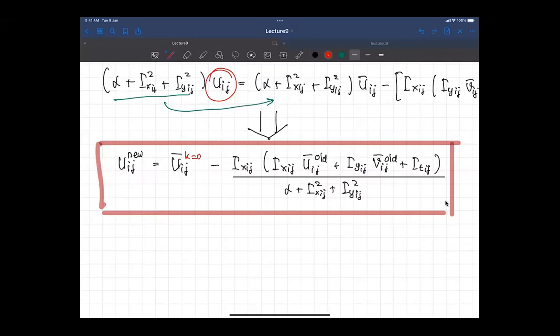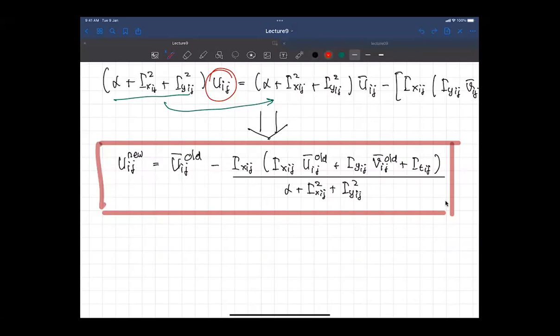So k equal to 0 means that you have the initialization value, random initialization value, and then u average means the average for that particular region. Remember that the average means you have 3 by 3, and you take the average of this 3 by 3, and that will become u_ij old.